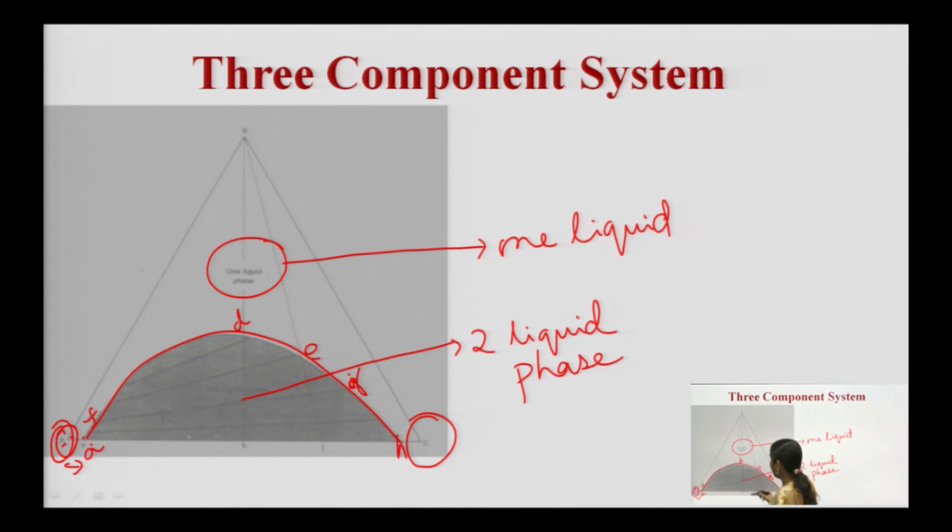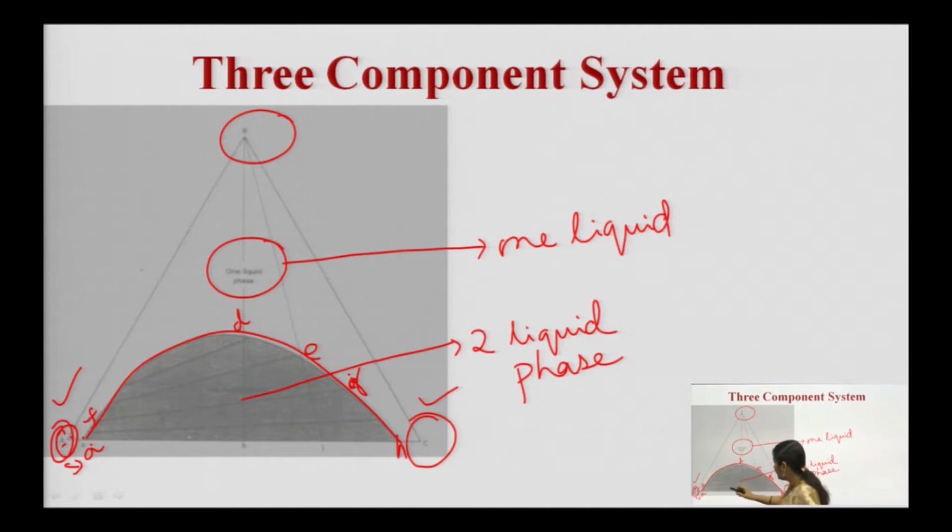And the condition applied is that this B is miscible with A as well as with C. Now, we can create a similarity with the phenol and water system. There, temperature was used, and here a third component or solvent was used to make them miscible.